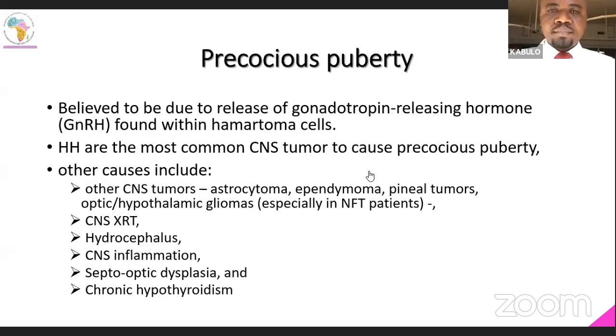Another sign apart from seizures with the hypothalamic hematomas is precocious puberty, which is believed to be due to release of gonadotrophin releasing hormone found within hematoma cells. The hematomas are the most common CNS tumors to cause precocious puberty, though there are also other causes, including other brain tumors, hydrocephalus, inflammation, and so on.